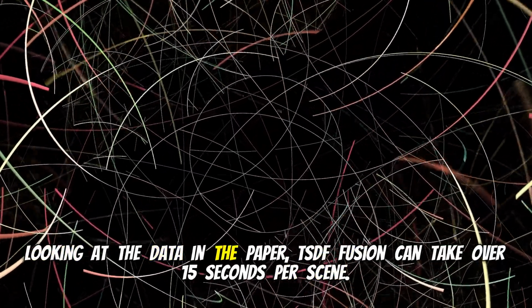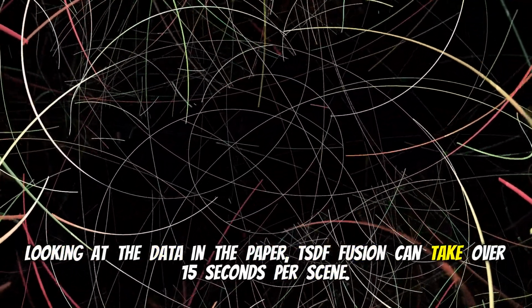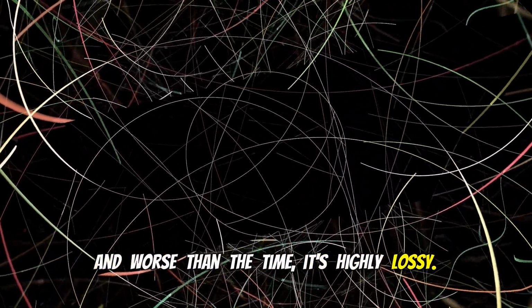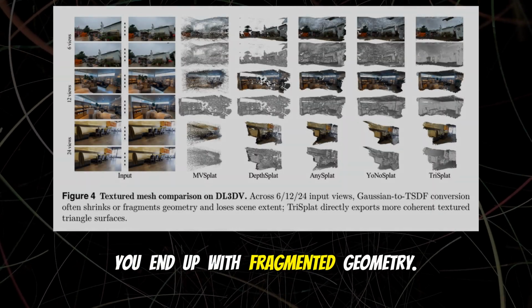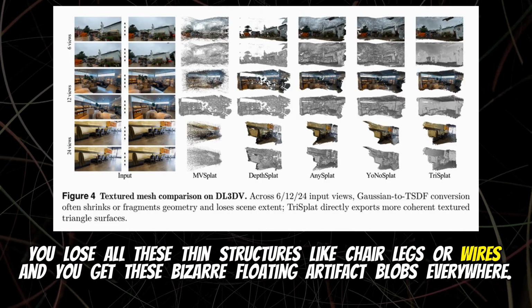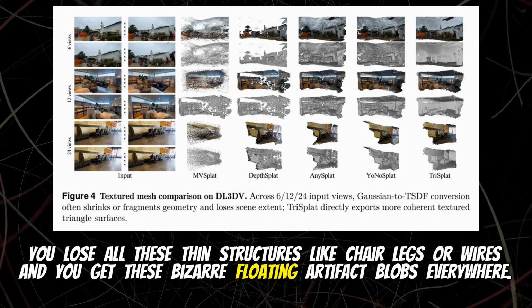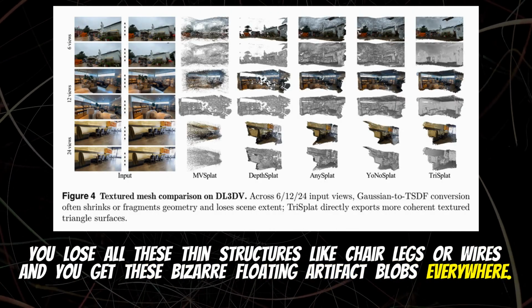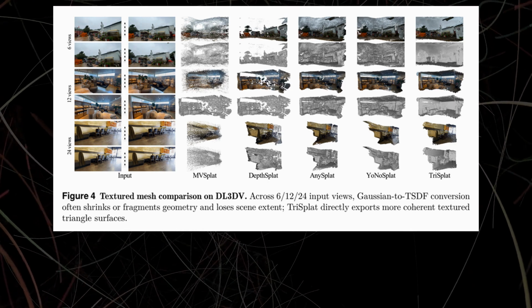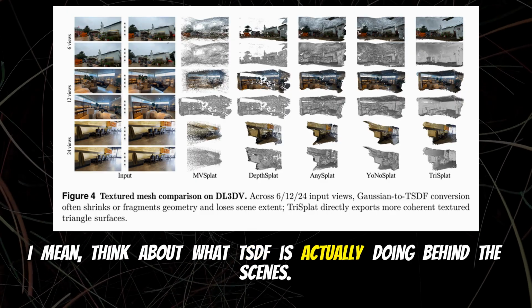Looking at the data in the paper, TSDF fusion can take over 15 seconds per scene. And worse than the time, it's highly lossy. Totally. You end up with fragmented geometry. You lose thin structures like chair legs or wires, and you get bizarre floating artifact blobs everywhere. Well, because it is a fundamentally destructive algorithmic process. Think about what TSDF is actually doing behind the scenes.